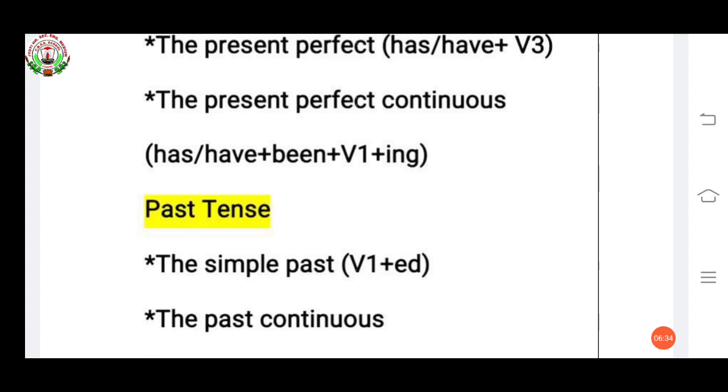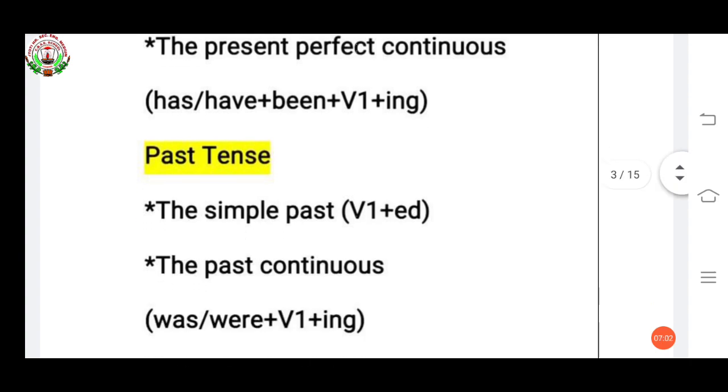Suppose you started painting a wall yesterday and you are still painting the wall. Then it becomes present perfect continuous tense.